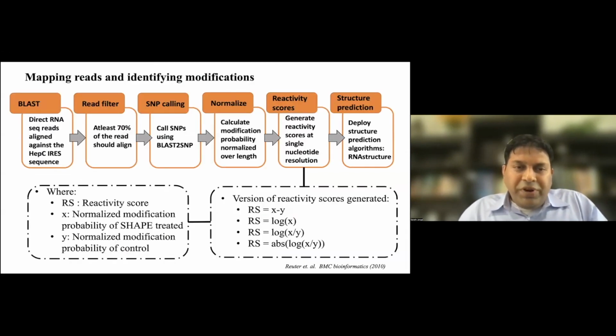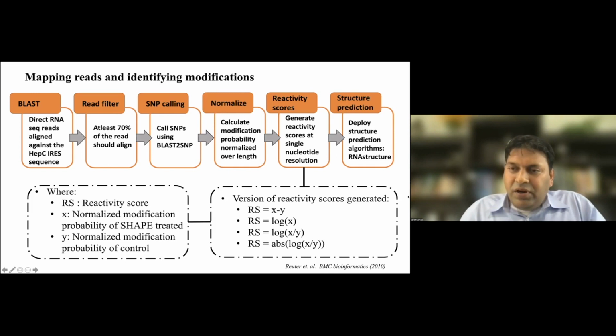So our computation pipeline involved filtering of reads which are at least having a 70% alignment, because we did see some fragmentation and some reads which do not completely map and so on. So we filtered for reads which had a good extent of alignment. In the initial approach, we just identified the SNPs using BLAST to SNP, calculated the probability of modification, and generated what are called reactivity scores, as you will see in the bottom part of this slide.